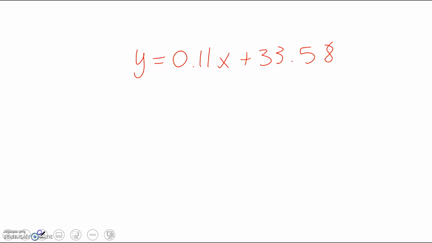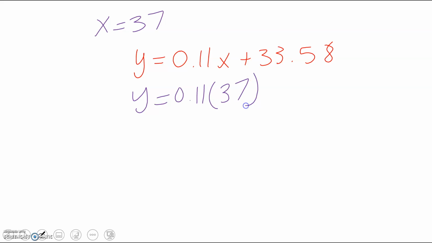And what we want to know is what will happen on the 37th day, so when x is 37. So we're simply going to substitute in 37 for x. So we have y equals 0.11 times 37 plus 33.58.